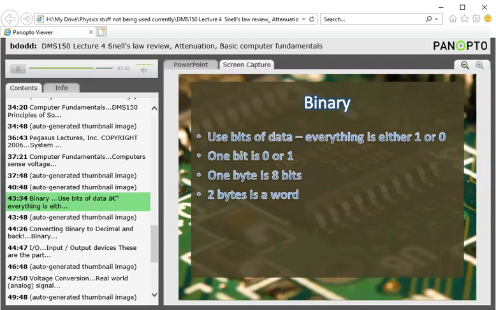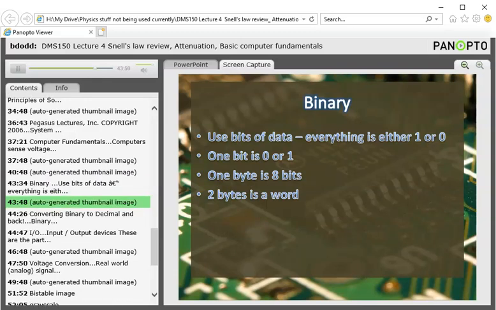All right, so in binary everything is either ones or zeros. We saw that. A bit is either the 1 or the 0. 1 byte is 8 bits, just like I wrote up here. So if we were going to write 12 as a complete byte, we'd use all 8 bits.